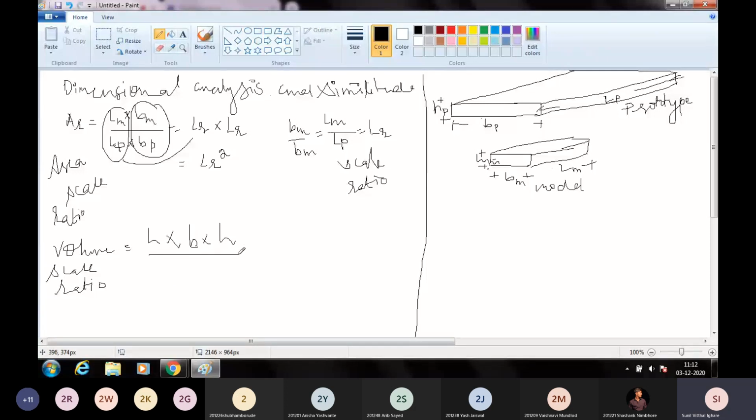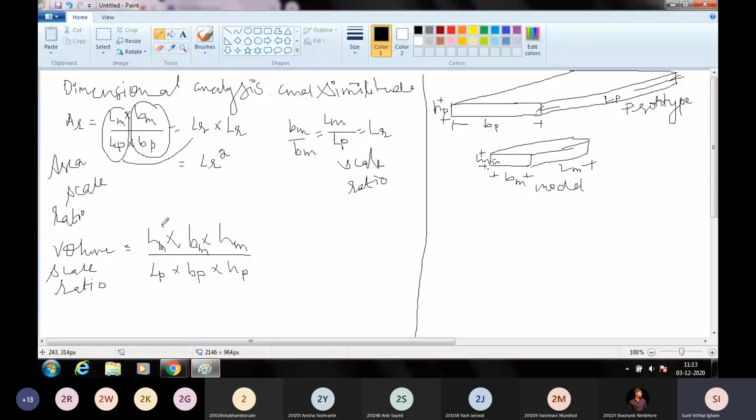Okay, if I'm writing for volume, then it is length into width into height. Volume scale ratio of model and prototype: I write M for model, length for model multiplied by width for model into height for model, divided by the length for prototype multiplied by width for prototype into HP.